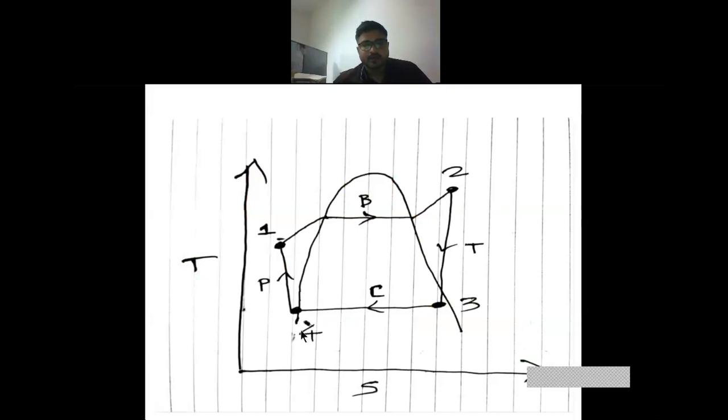I hope that you are all aware of this dome. Clear? This is our liquid region, this is our liquid plus vapor region, and this is our vapor region. Right now at point number 1 we have only liquid. Whenever we supply it to the boiler, what will happen?